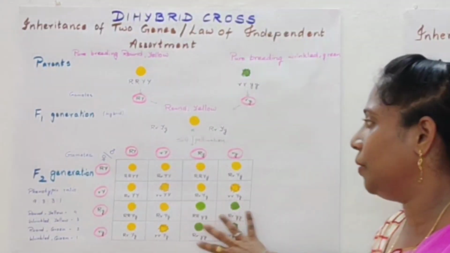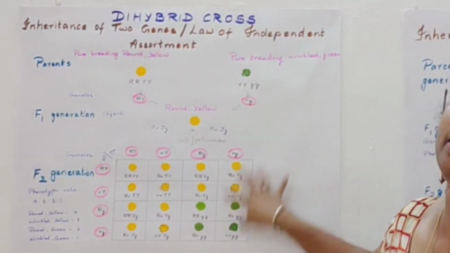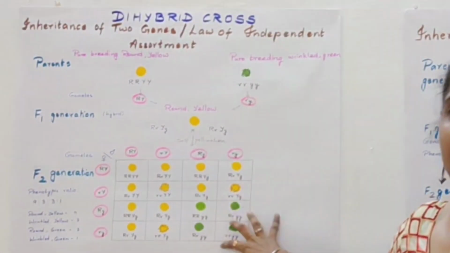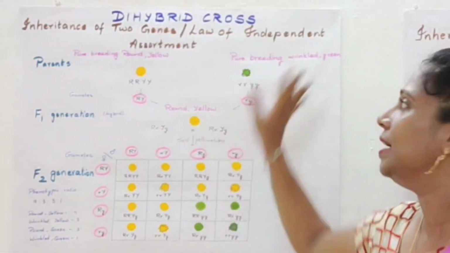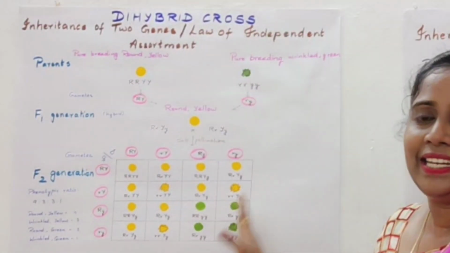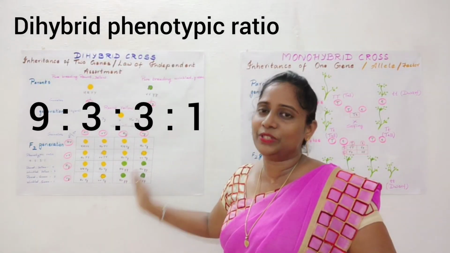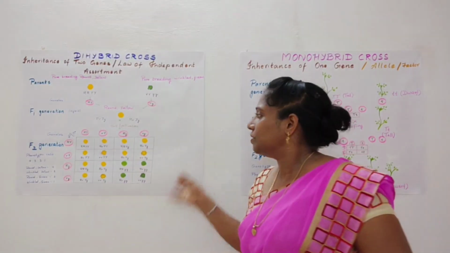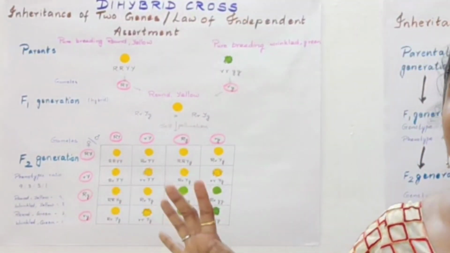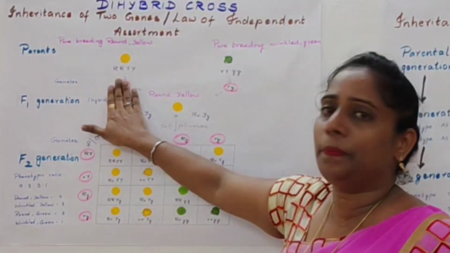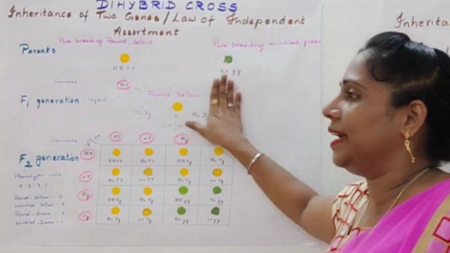This is how he got the dihybrid cross. So what is the phenotypic ratio of dihybrid cross? It is 9:3:3:1.